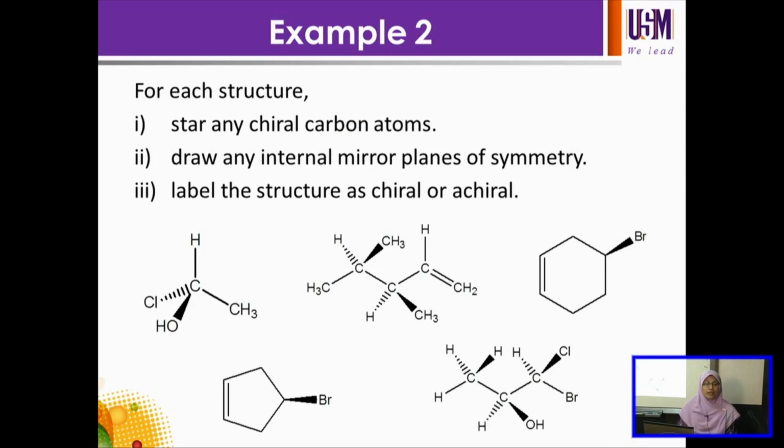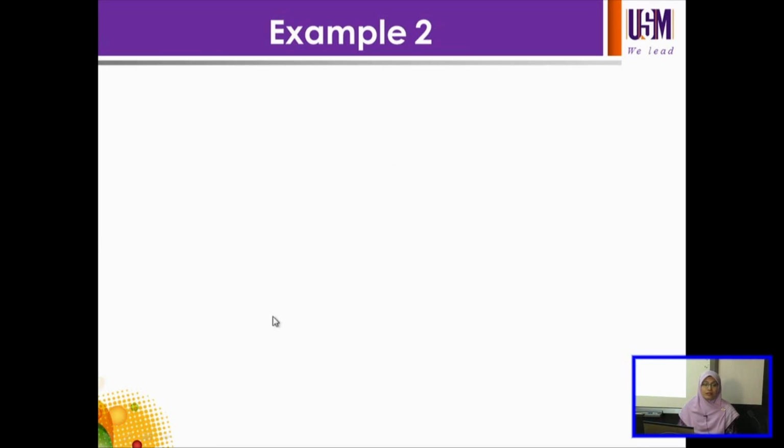Let's try to look at this example. For each of the structures, star any chiral carbon atom, draw any internal mirror plane of symmetry and label the structure as chiral or achiral. So we have here 5 structures that you need to identify as chiral or achiral.